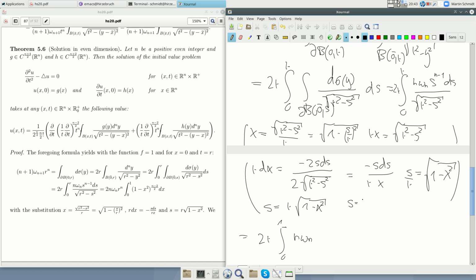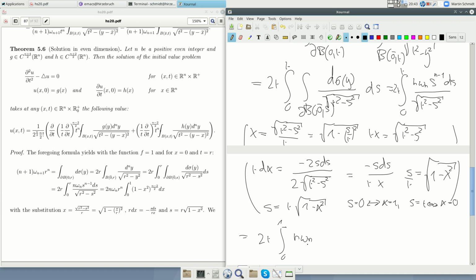s equals 0 corresponds to x equals 1, and s equals r corresponds to x equals 0. Okay, so we replace the two borders, and then we get rid of the minus, so we have n omega n.